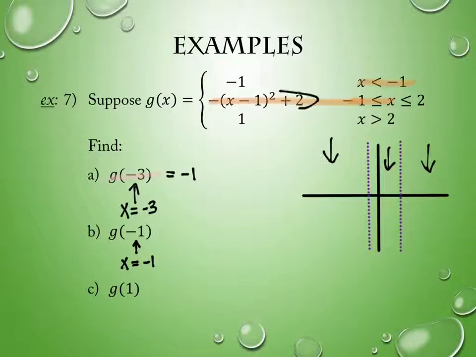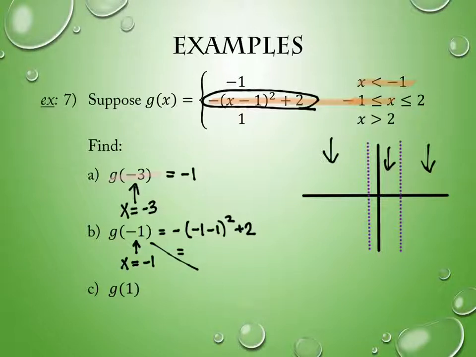Which means that I'm going to use this equation to plug -1 into. So I would have negative, and then I have -1 minus 1 squared plus 2. So where do I start when I'm simplifying that expression? Order of operations. Y'all know this. Where do I start? Inside the parentheses.